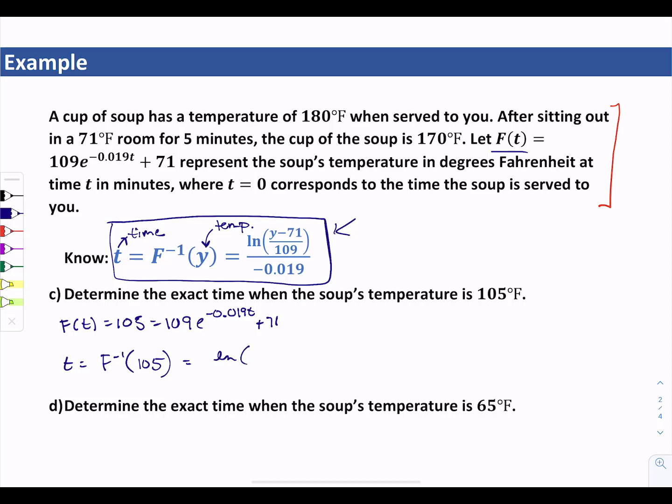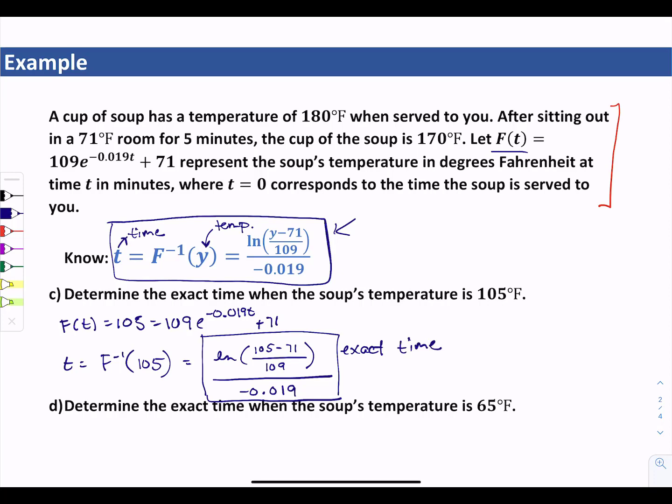So the natural log of 105 minus 71 over 109, all of that divided by negative 0.019, that indeed is the exact answer for the exact time when the soup's temperature is 105 degrees Fahrenheit. And if you're curious, that's about 61.3 minutes.